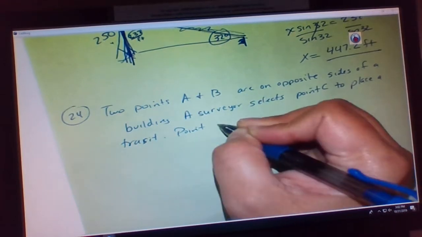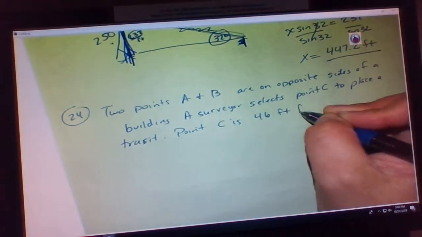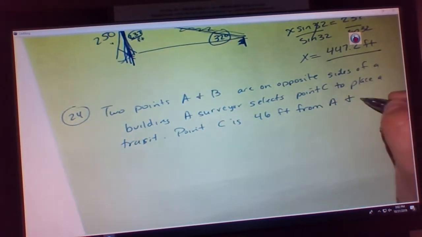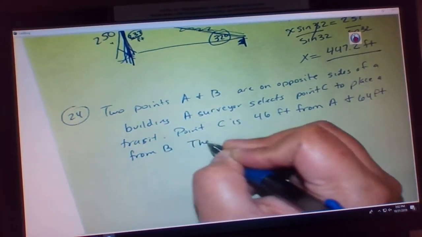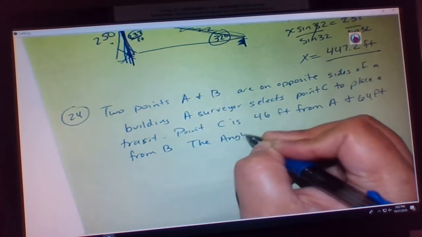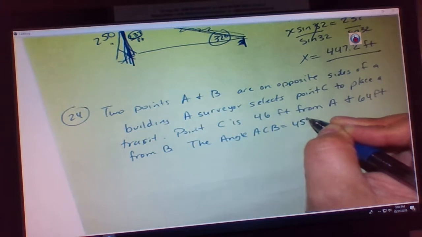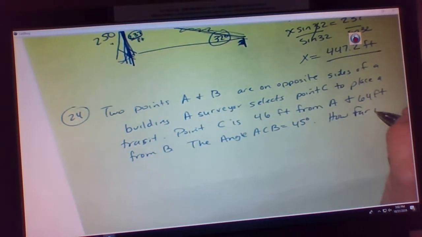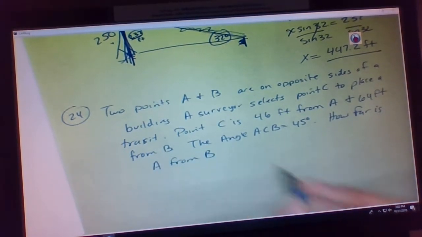Point C is 46 feet from A and 64 feet from B. The angle ACB is 45 degrees. How far is A from B?